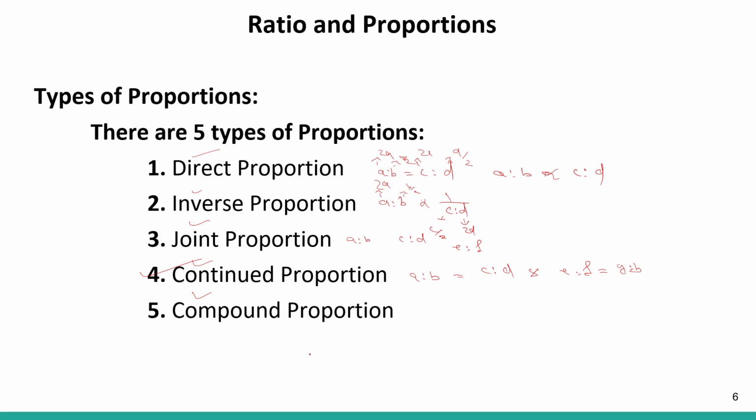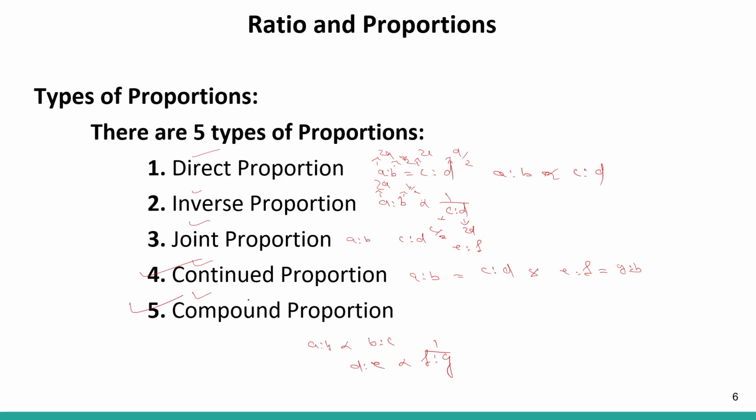Compound proportion is nothing but if A is to B is directly proportional to C is to D. That is, if you have 3 or 4 proportions or ratios, and this is how they are related. Among their relation there is non-uniformity. That is, 2 of them are connected by direct proportion, and 2 are connected by inverse proportion, and 3 are connected by joint proportion. Then we say that the whole proportion is a compound proportion.